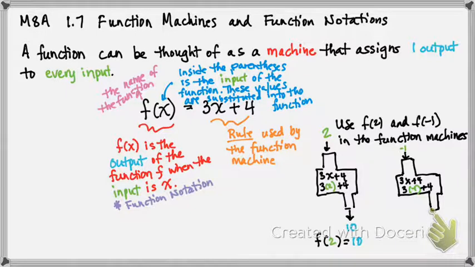So 3 times -1 is -3. -3 plus 4 is going to give me a positive 1. So we can conclude that the value of the function at -1 is equal to positive 1. Okay? Alright, so all we're using is substitution.